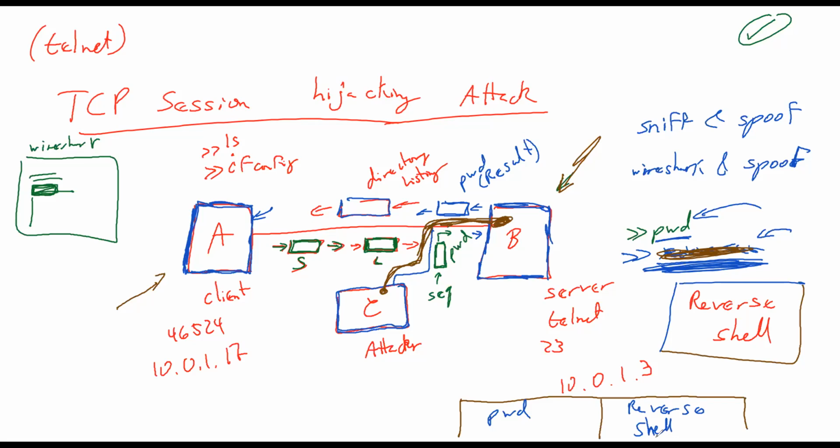One time you insert PWD as your payload, pretty easy. The second time around, you insert a reverse shell, and we'll go over those details as well. We're not going to finish that today, but at least this gets you to where you could now probably do the TCP reset problems and start looking at TCP session hijacking.